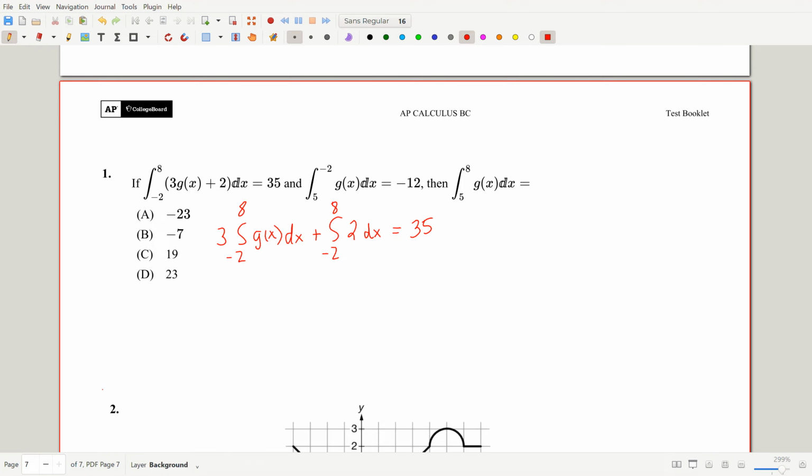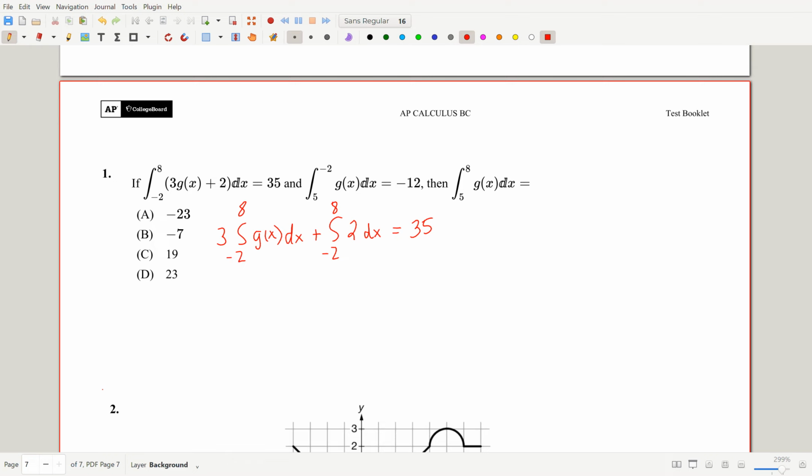The only way I would be able to is if I had -2 to something, and then another integral with that same something to 8. Or one of those integrals reversed, which we'll see in a minute how to deal with, just to be extra annoying. But I can figure out the integral from -2 to 8 of 2 dx.